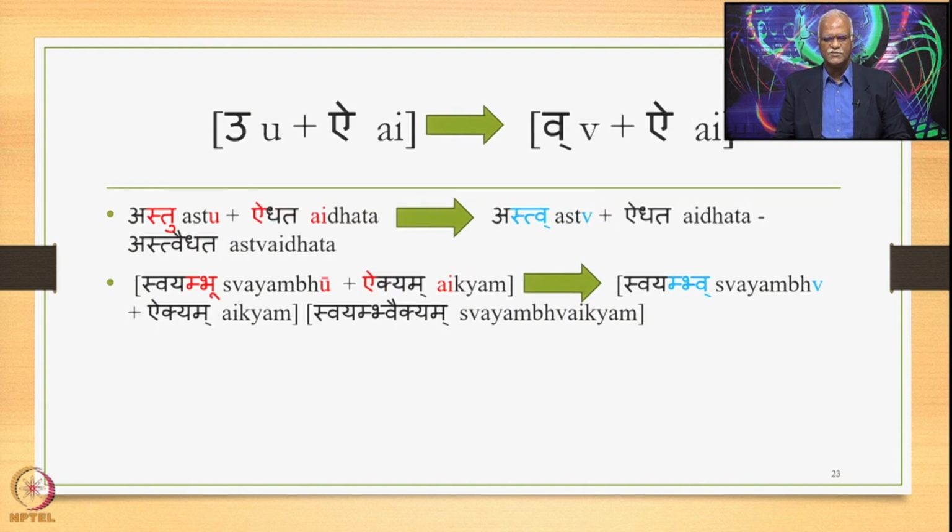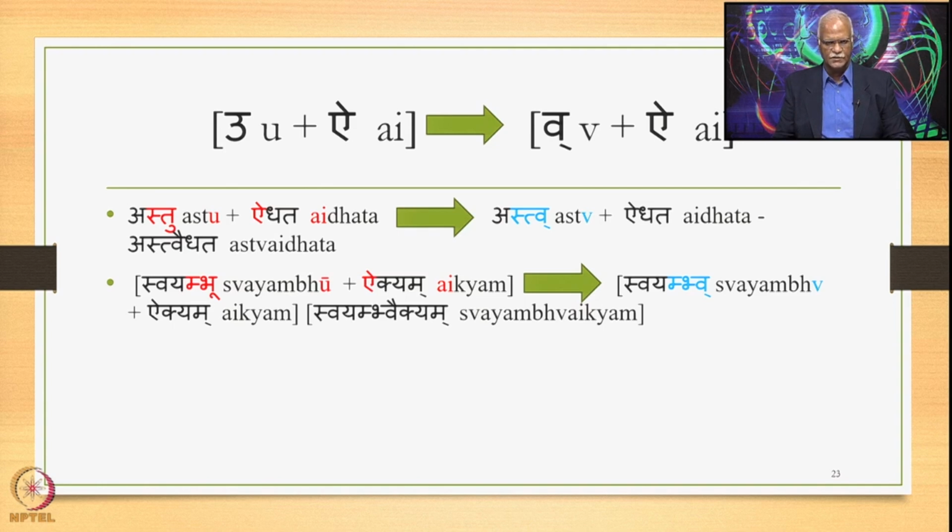Then we have U plus I, 6177 applies and the output generated is V plus I. The example is Astu plus Aidhata. Aidhata is the past tense of the verbal root Edha, to grow.